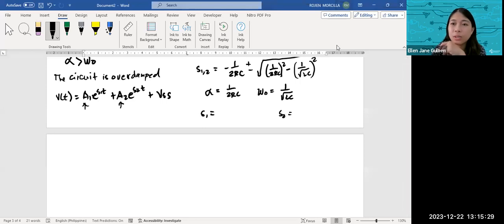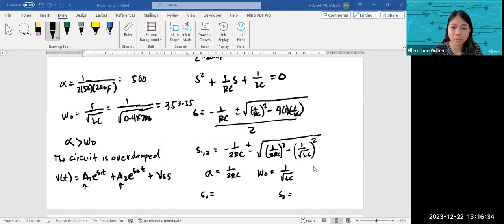Using the quadratic formula, we have negative 853.556, and the other one is negative 146.44.